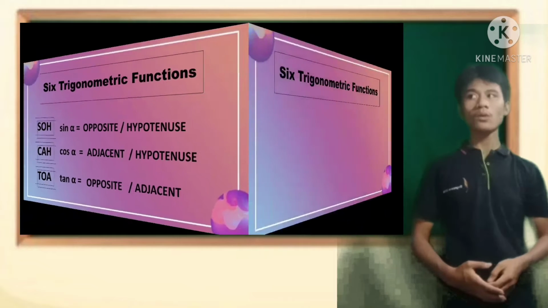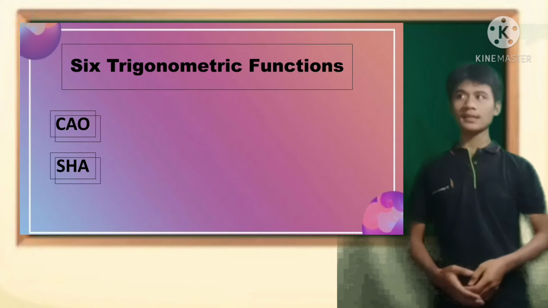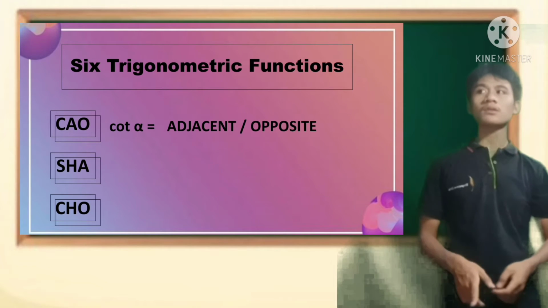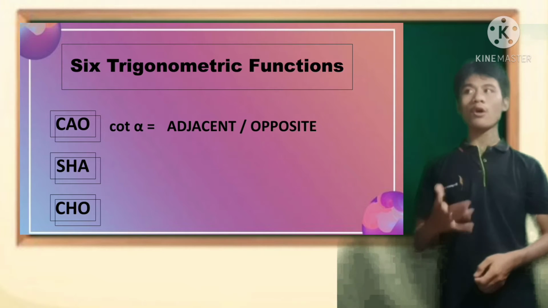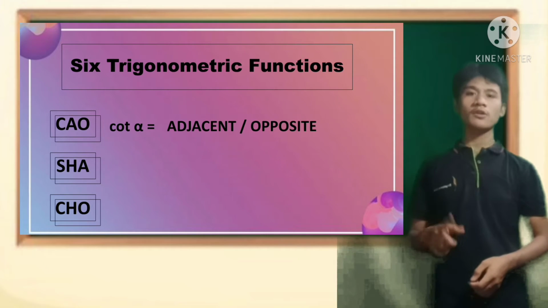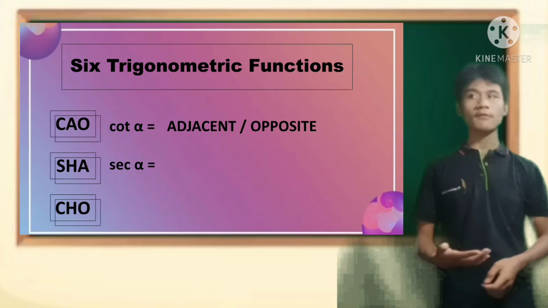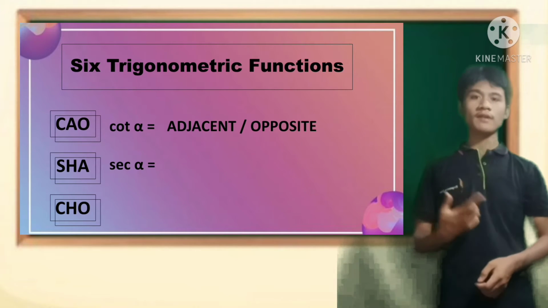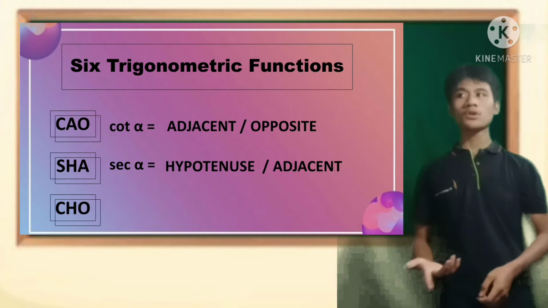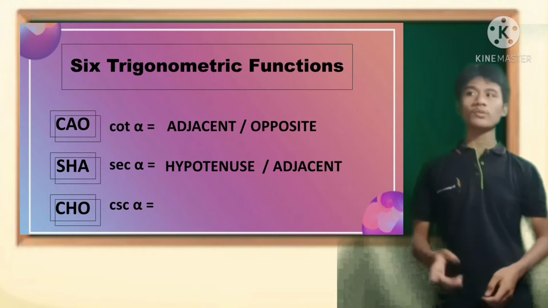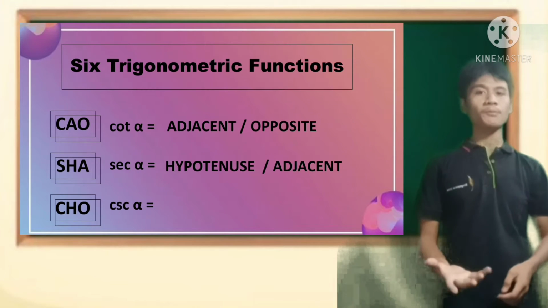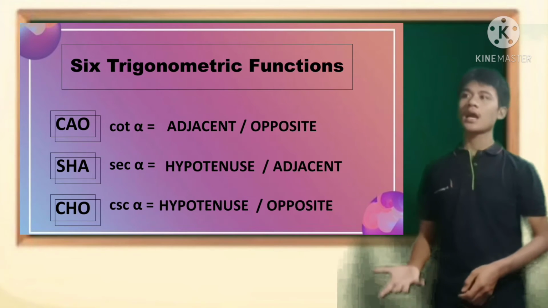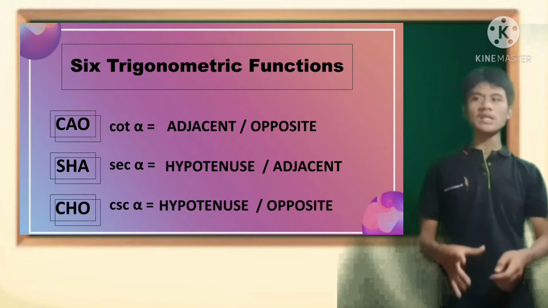Then the cotangent is equal to adjacent over opposite, the secant is equal to hypotenuse over adjacent, and the cosecant is equal to hypotenuse over opposite.